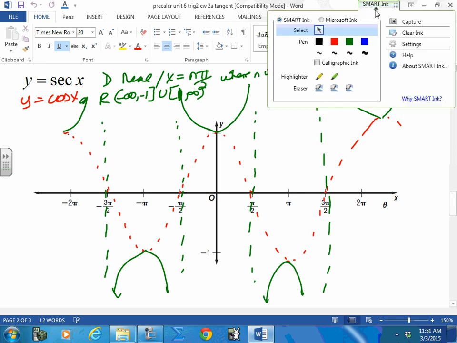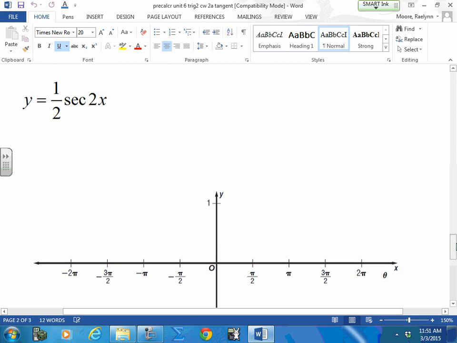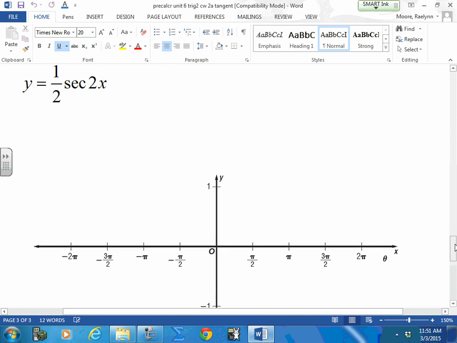Now, we can apply this knowledge to any of your curves. If I look at the secant of 2x, I'm going to first do my cosine of 2x.